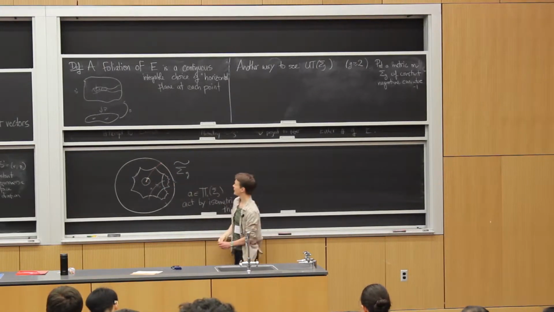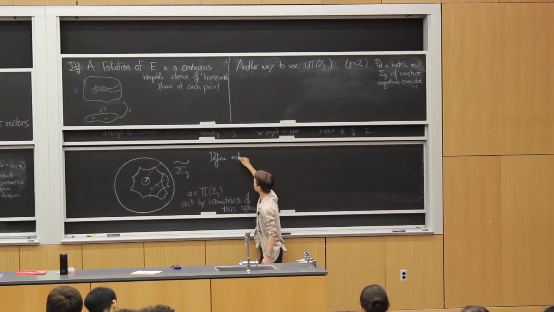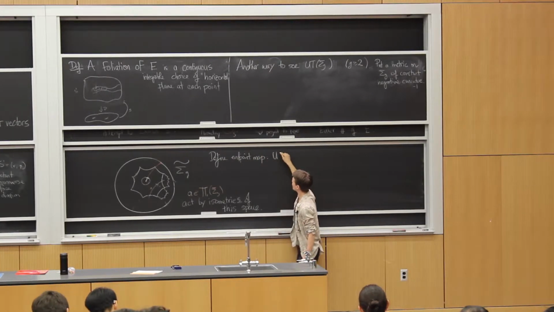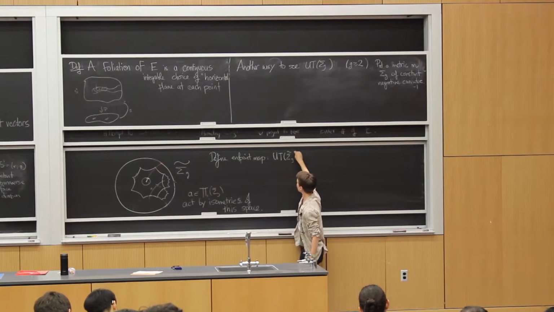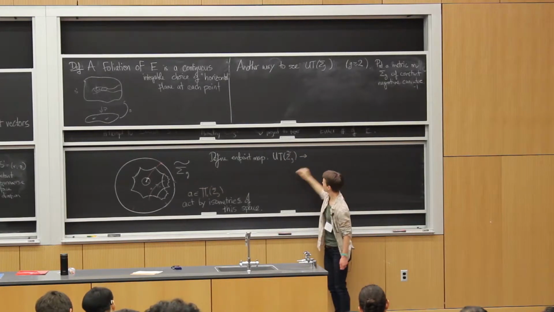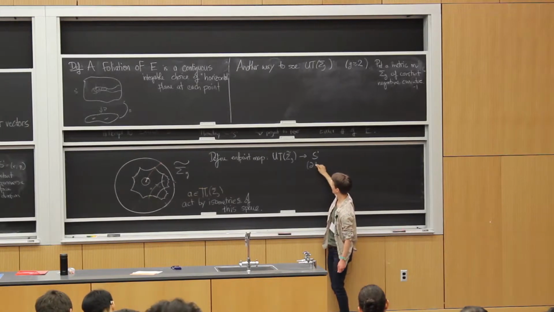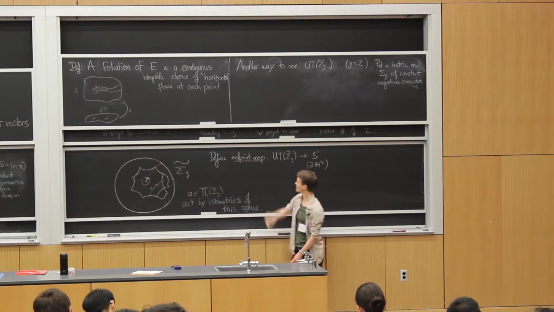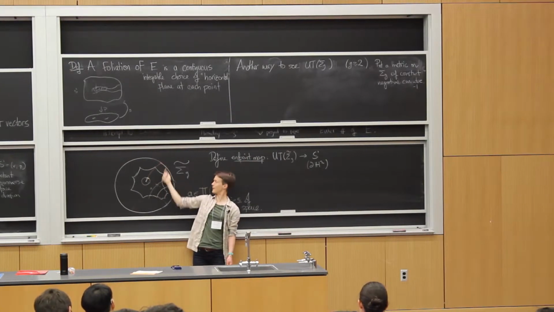You can define an endpoint map from the unit tangent bundle of the universal cover to the circle, the boundary of the hyperbolic space, if you like. It's the endpoint: follow the geodesic, see where it hits the circle.